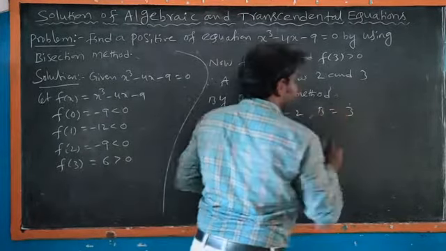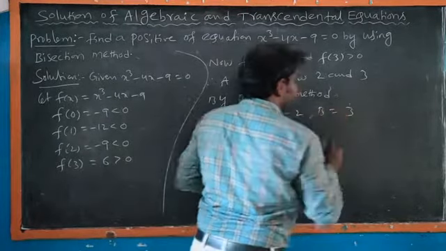Then the formula of the bisection method is x equal to (A plus B) by 2. Then x equal to (2 plus 3) by 2, that equals 5 by 2, that equals 2.5. So now x equal to 2.5. This is the first approximation.